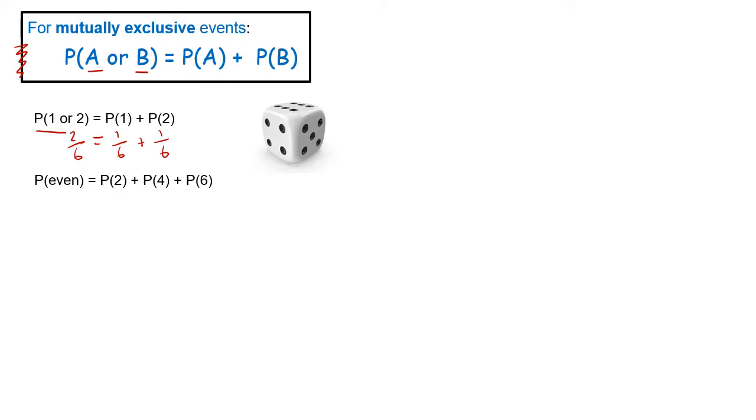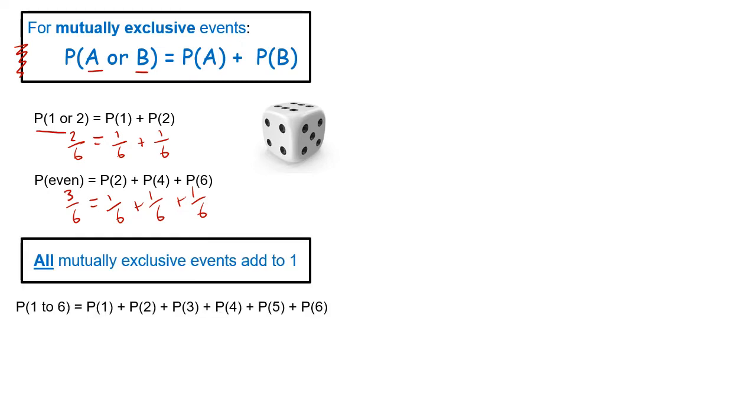To work out the probability of rolling an even number, so that's the probability of rolling a 2 or a 4 or a 6, and that's 3/6. I know this is something we know without working it out step by step, but I'm just using it as an example to show you. So all mutually exclusive events add up to 1.